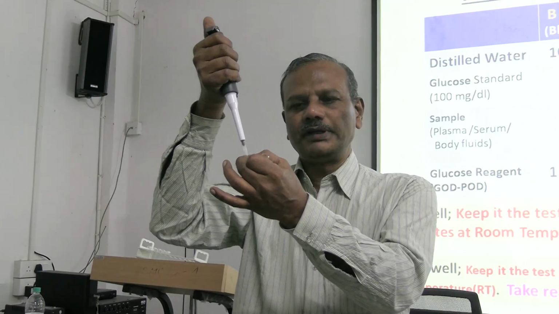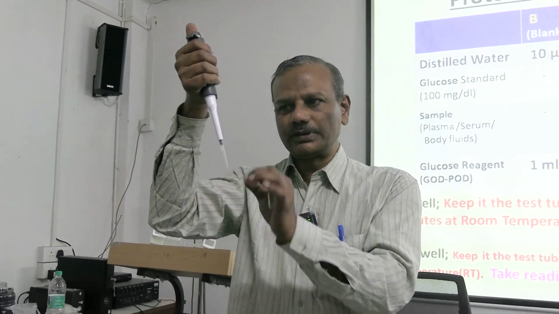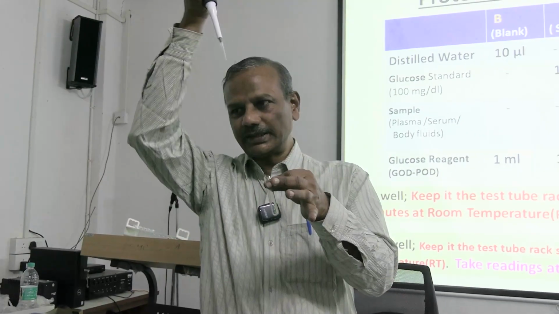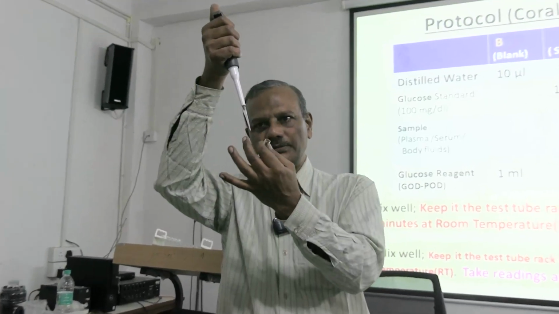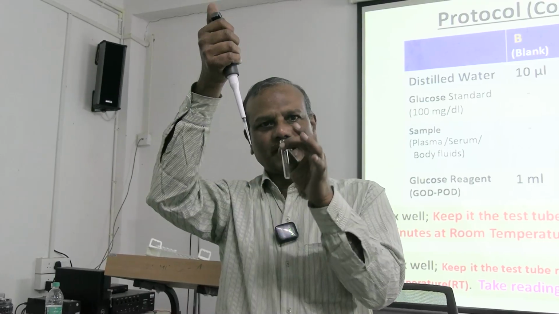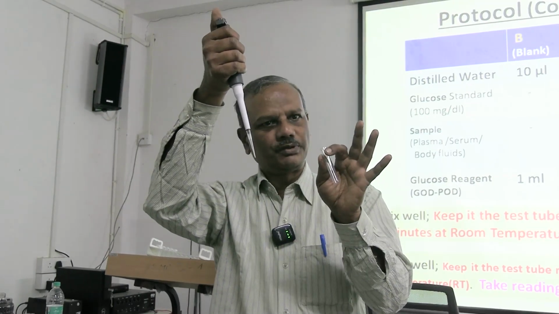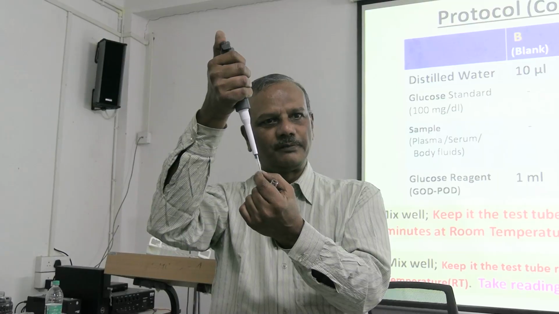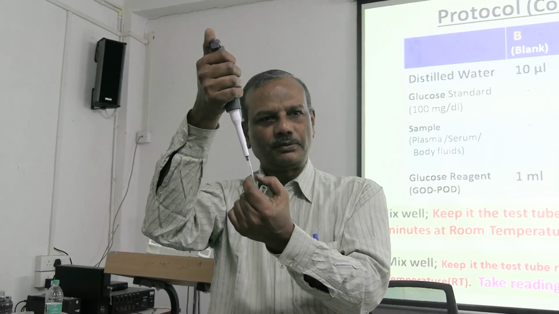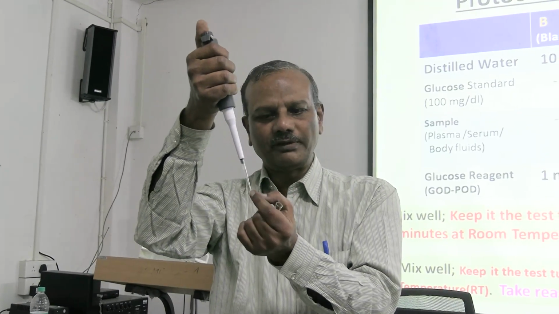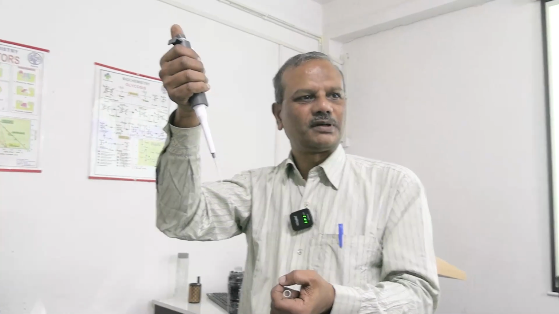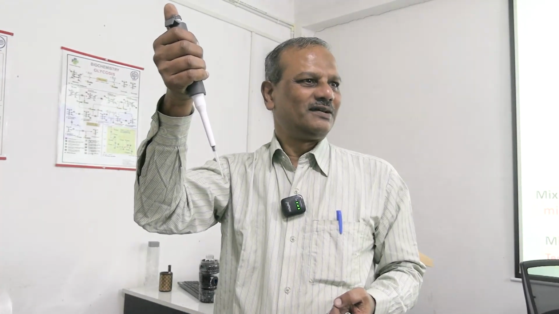Then you have to be very careful in wiping out the outside, because the moment you dip it into the serum when you are sucking, some amount remains outside. That is an excess amount that needs to be removed. So you have to use a tissue paper very carefully, because by capillary action, if you put the tissue paper for a long time, some amount of serum will simply be soaked by the tissue paper. That art you have to practice.